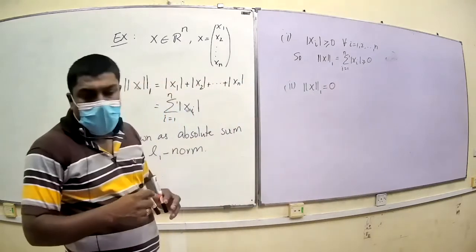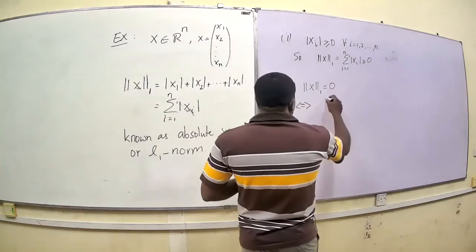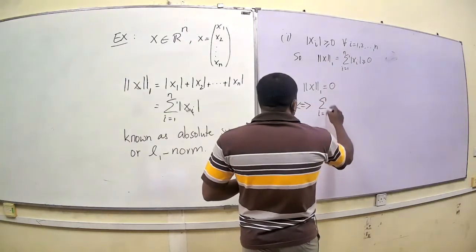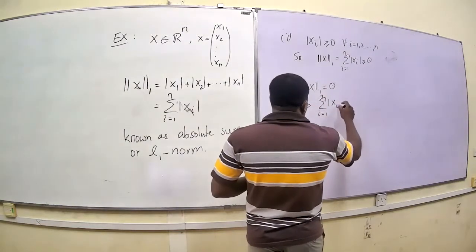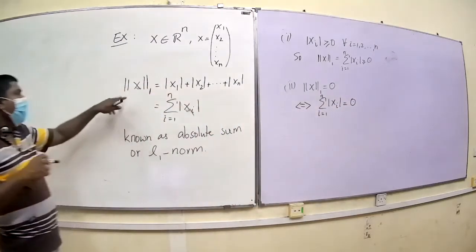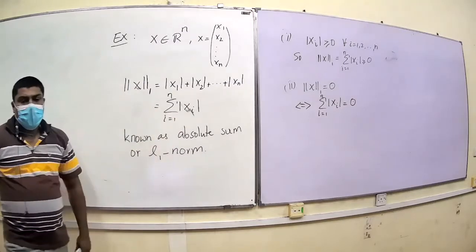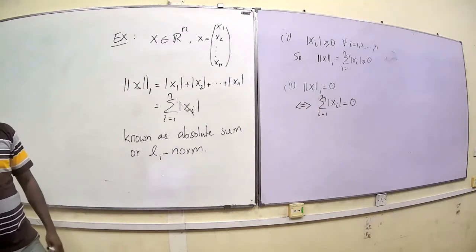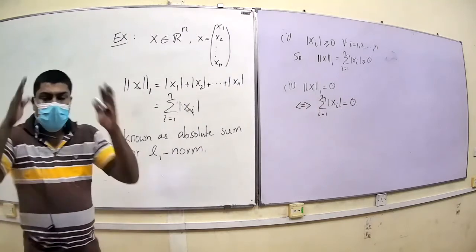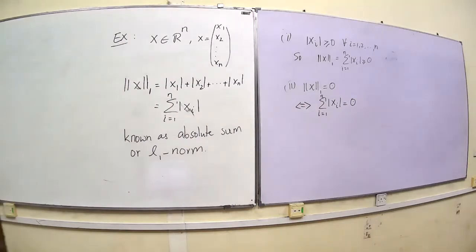Next case. Clearly the norm is 0 if and only if x is 0, because of the definition. If this is 0, then the sum of absolute values is 0. Your absolute values are always non-negative, you know that.